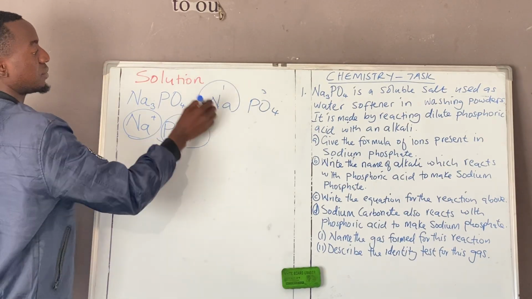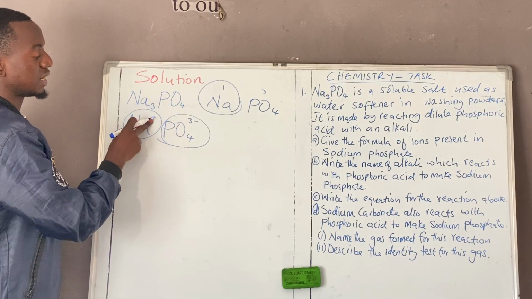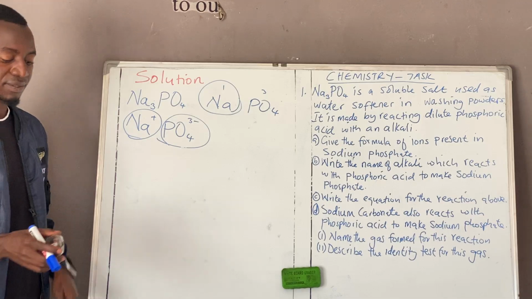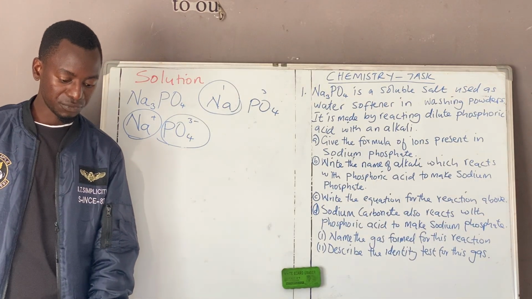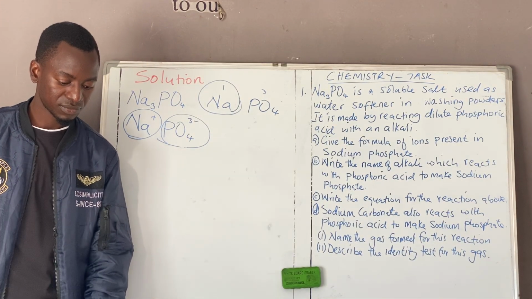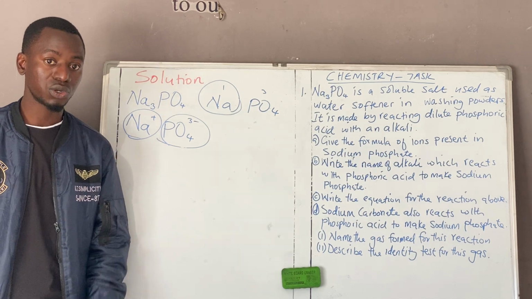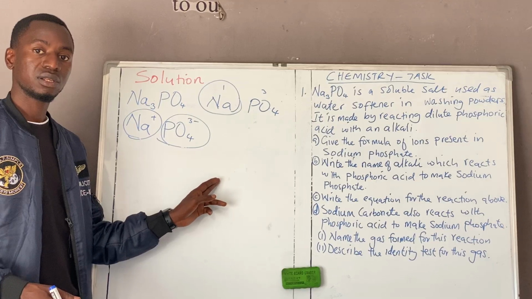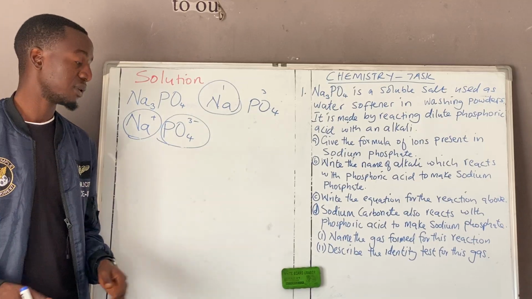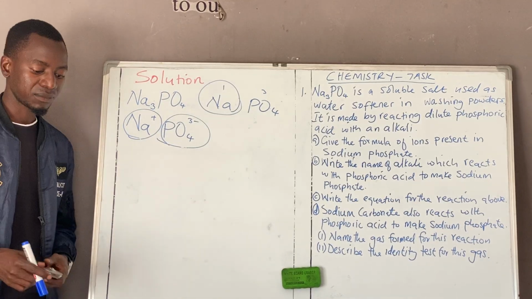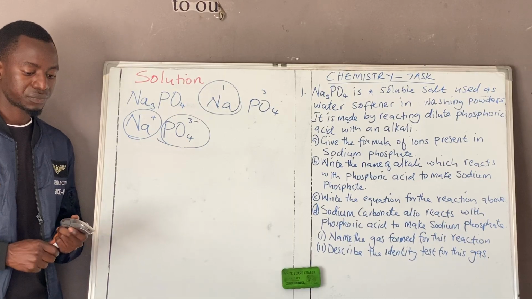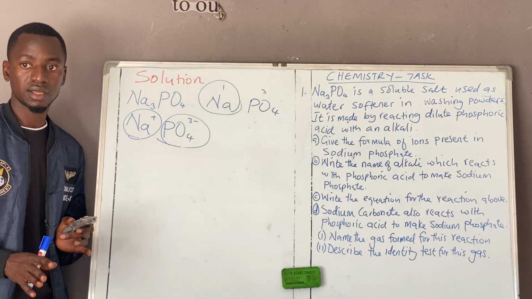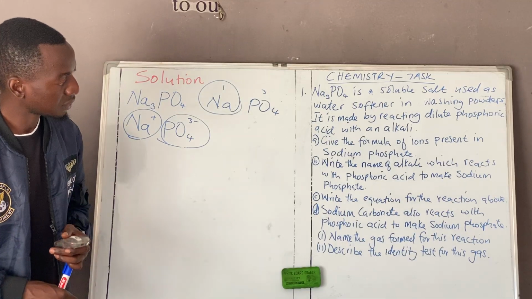So this is sodium ion with a positive charge, then the phosphate ion with 3 minus. Is it confusing? So your job there is just to write sodium ion and phosphate ion, like this, then the name. Is it clear? So can you move to the next one?